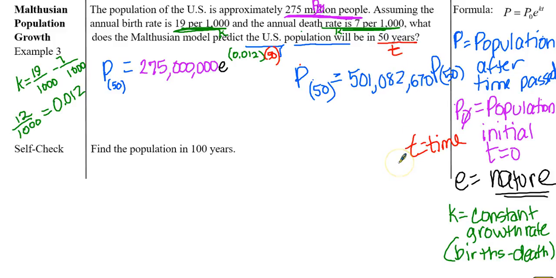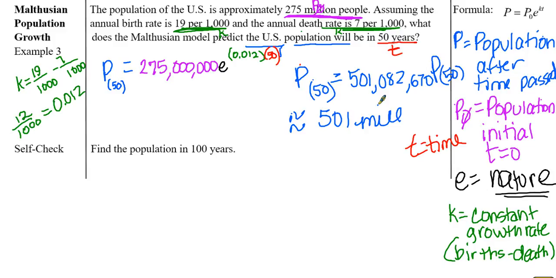82,670 point some people, but you can't have 0.5 of a person. And I say that you could approximate this, that there would be approximately 501 million people in the population in 50 years from the date that this data was provided. Because of course that data is going to be a little bit off, right?